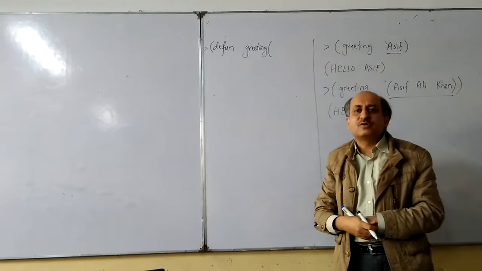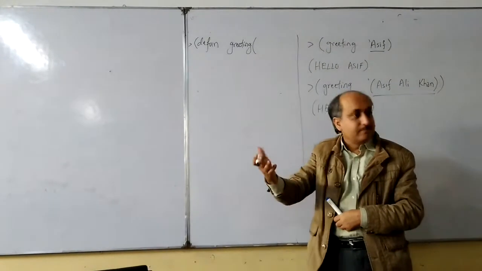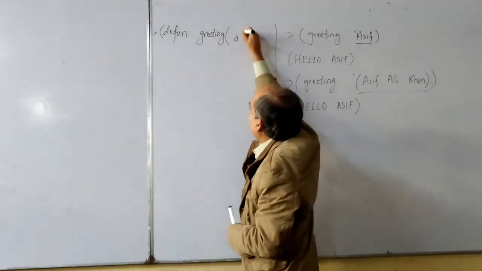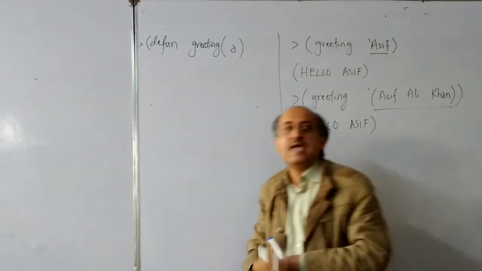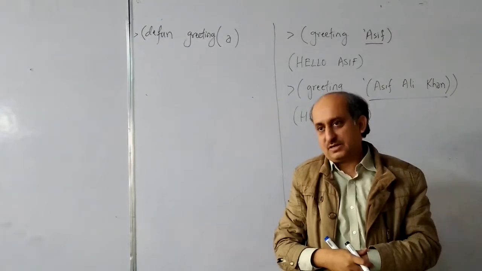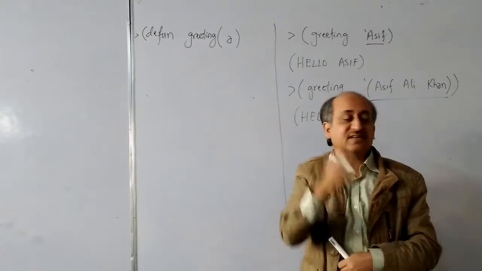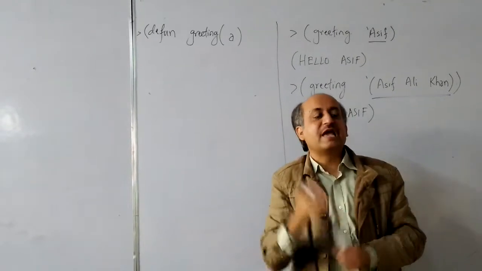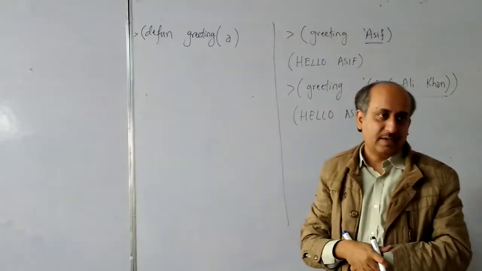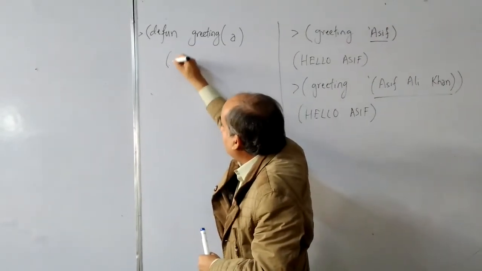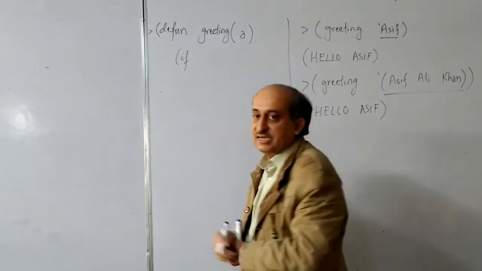You can name that argument as name, but in order to keep it simple, I am using a very simple name, A. Now this time A represents the name of a person, and it can be just the first name or the complete full name in the form of a list. And in the function definition, it would be better to apply the conditional statement.